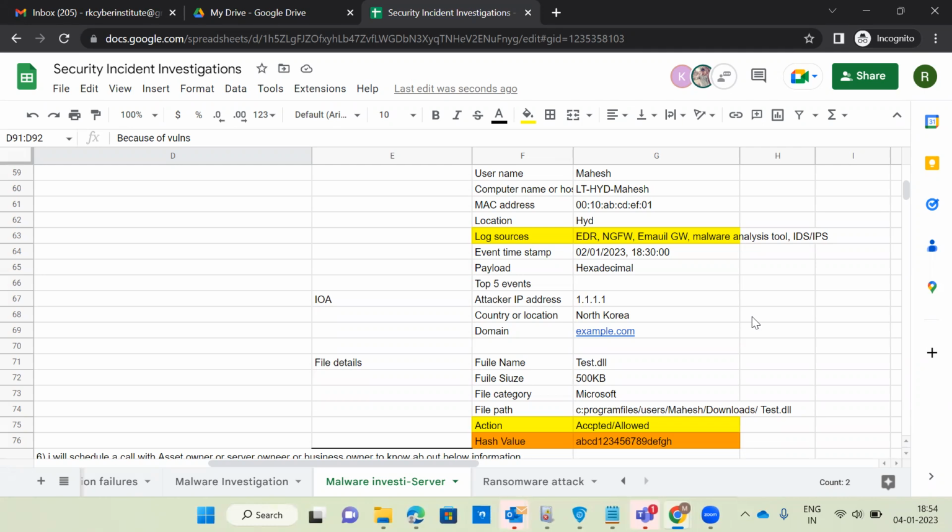Unfortunately, because of the EDR agent bypass and not being up to date, and vulnerability patch updates not being up to date, and also because of the end of life and end of support legacy server, because of all these loopholes, weaknesses and vulnerabilities, once the Windows admin guy downloaded the file, through that file it got infected. That is the way the server got compromised.